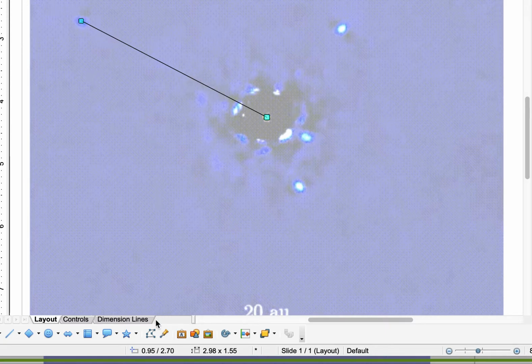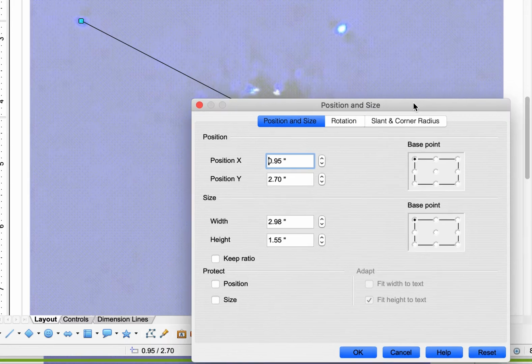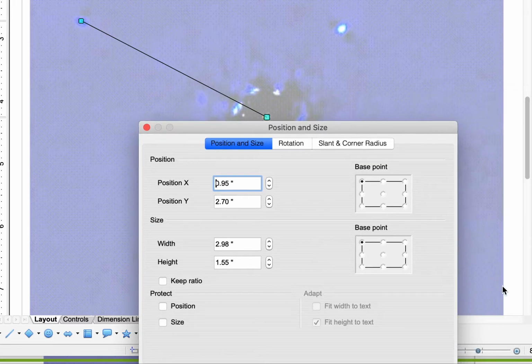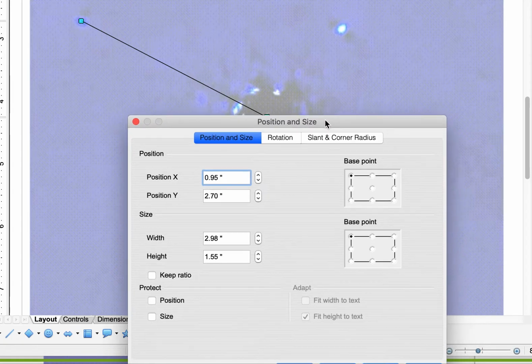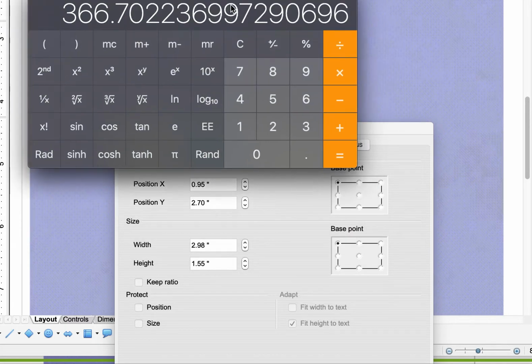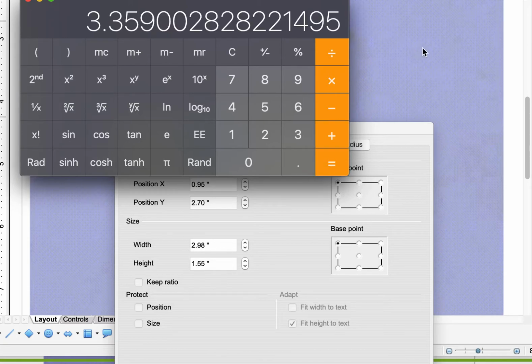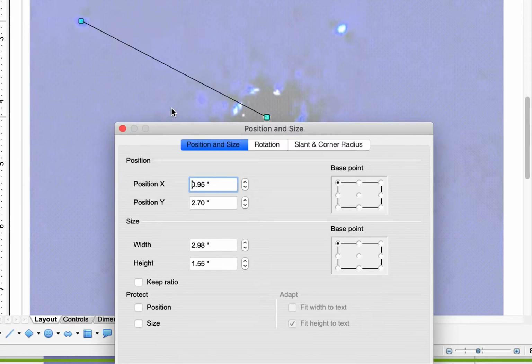And then, see, this program gives me a width and a height. So I got to do my own Pythagorean theorem calculation to figure out how long that line is. There may be better programs out there for it, which may be faster and easier, but I'll just quickly do that. So I'll do 2.98 squared plus 1.55 squared, and square root that. So we're looking at 3.359 in the units of this program.